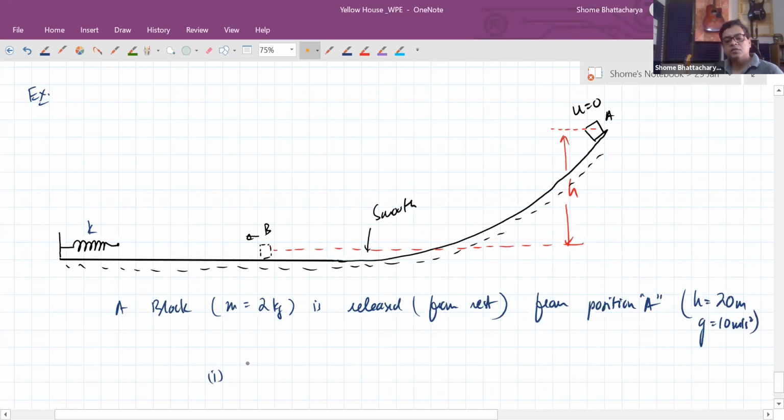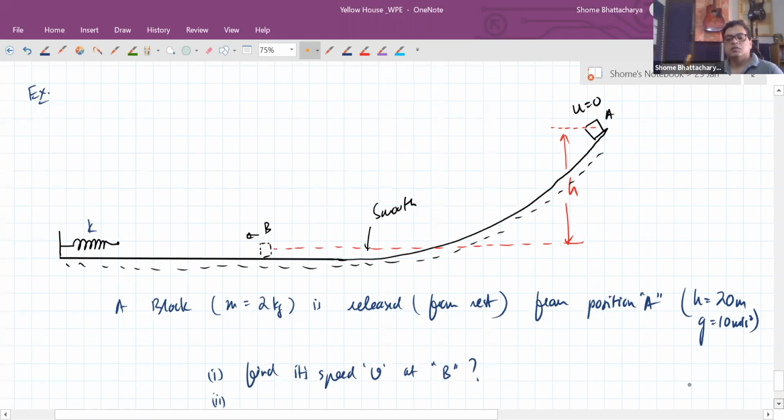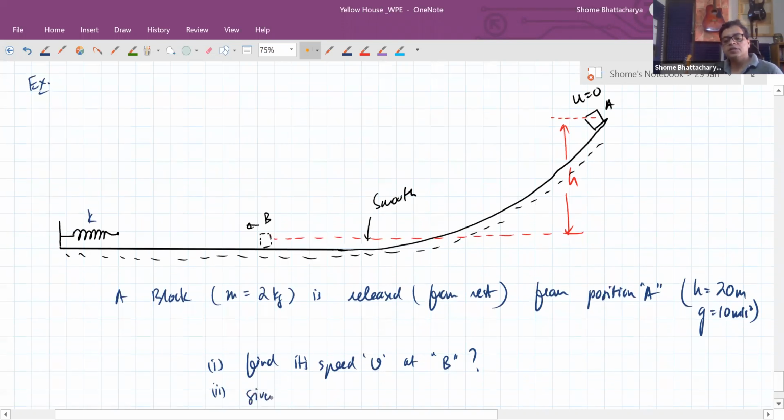So first part, find its speed v at the position B. And second part, given that the spring constant is 15 newtons per centimeter, find the maximum compression of the spring.